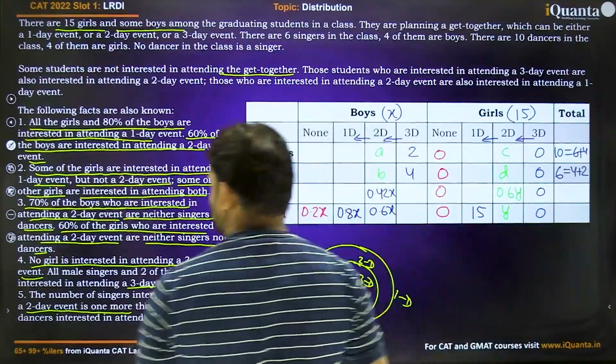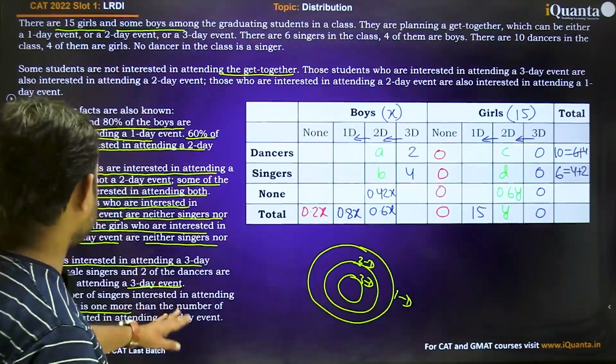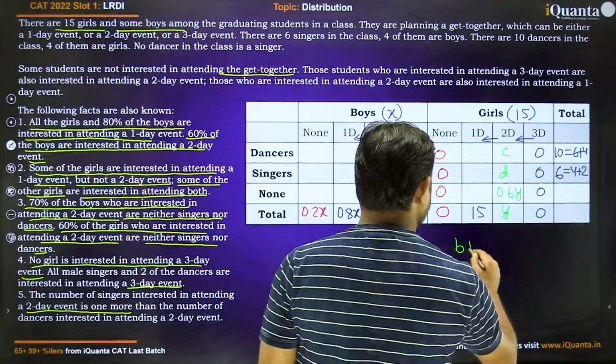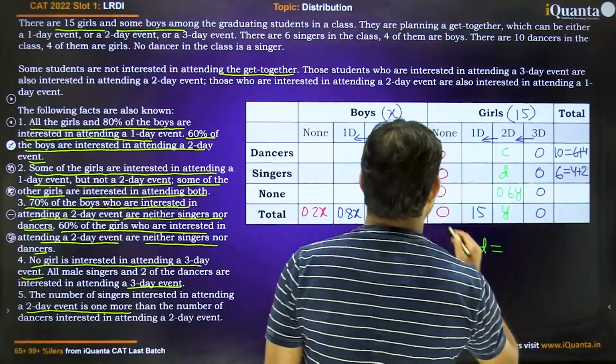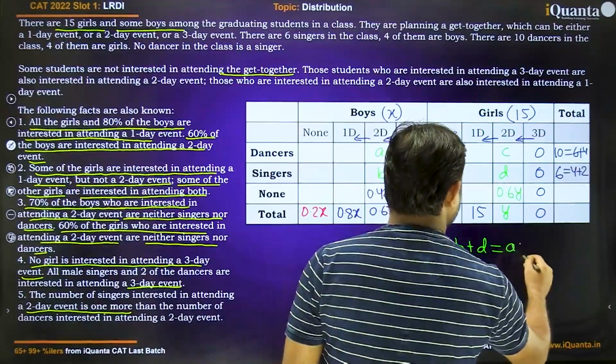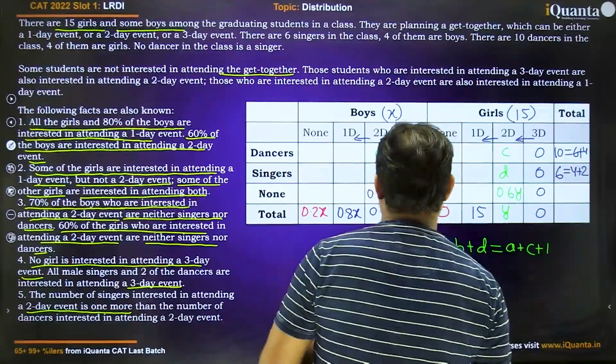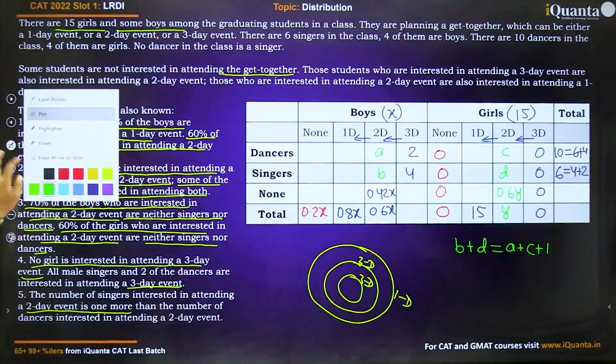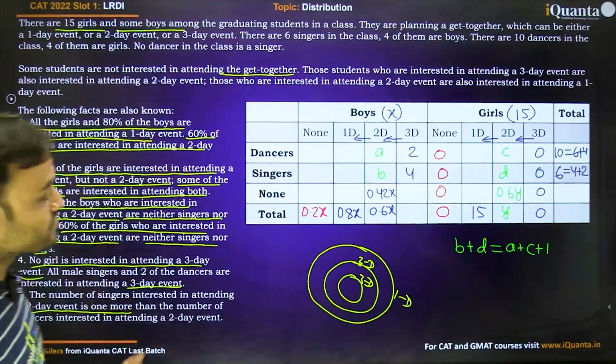According to the question, the number of singers interested in attending a 2-day event, B plus D, is 1 more than the number of dancers attending 2-day events. This is what it says, right? More than. Now let's start solving this question.